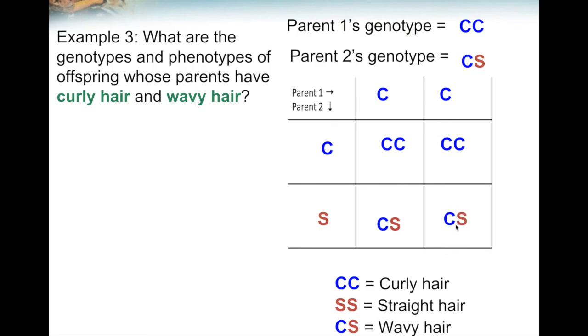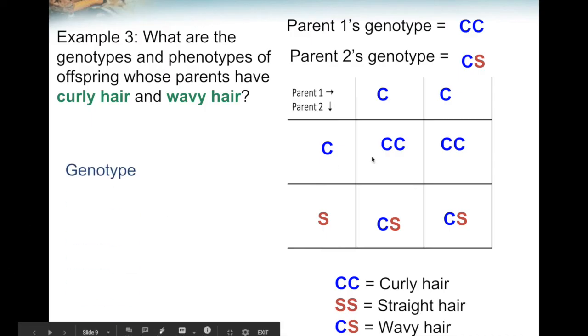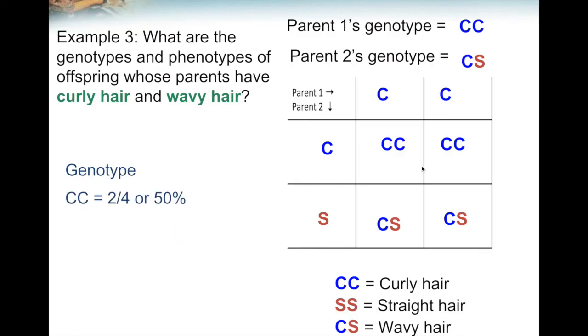Okay? So I didn't ask for the genotype or phenotype to be in percent or fraction, so you can pick one, or you can pick both. For genotype, I see 2 different genotypes that the offspring can have. The offspring has a 2 out of 4 or 50% chance of having a genotype of CC, or homozygous C. And then a 50% or 2 out of 4 chance of having a heterozygous genotype, or CS.